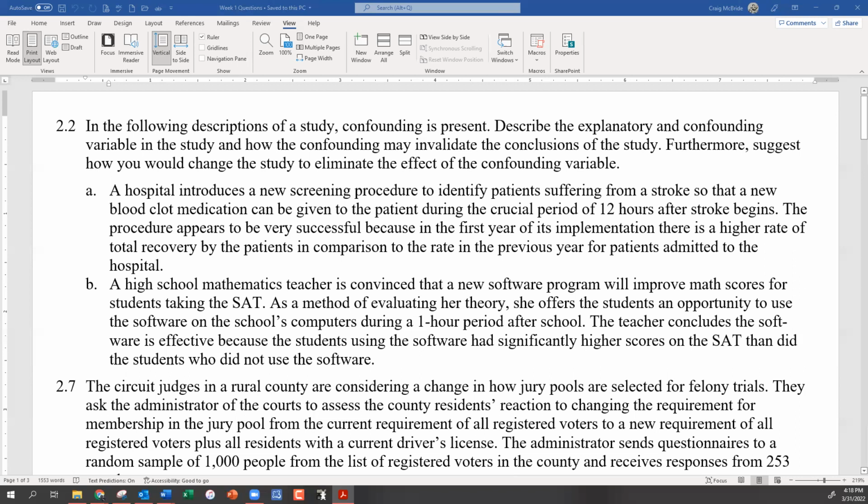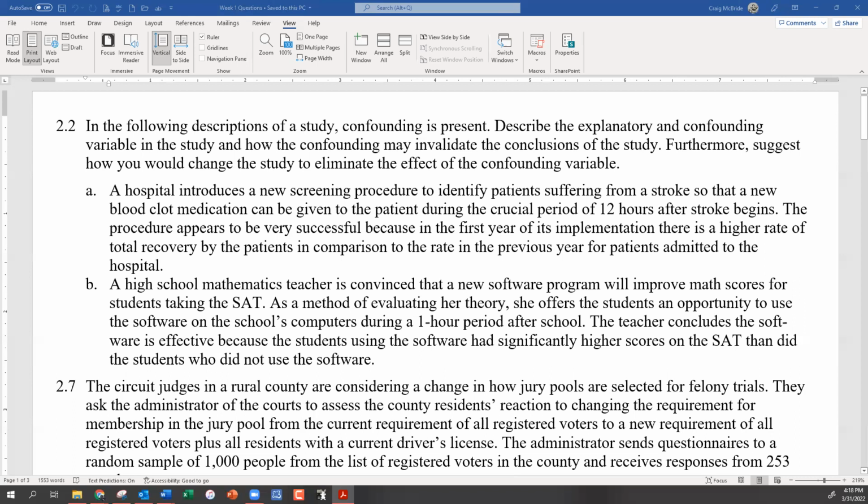Then you would have to do one of two things. You would either have to make all of the students work with the software and then do a post-test analysis and see if as a group their scores went up.